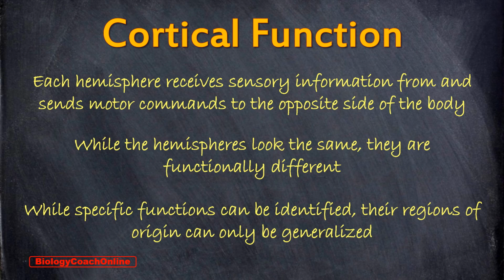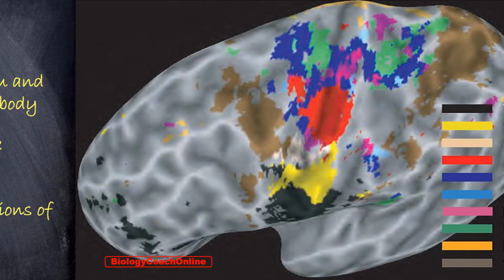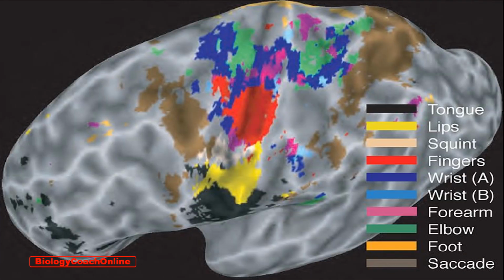However, how much of the left precentral gyrus is involved in movement of the right hand versus the fingers, the wrist, and the forearm is not clearly understood, and in fact many of those areas actually overlap. So for example, you see the areas of the cortex devoted to the movements of the fingers, the wrist, the forearm, and the elbow. But you can also clearly see here that there is much overlapping of those areas.